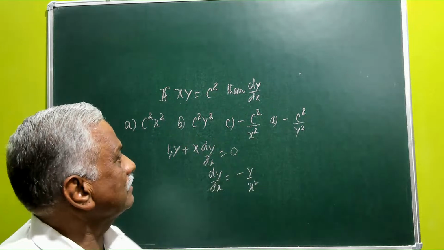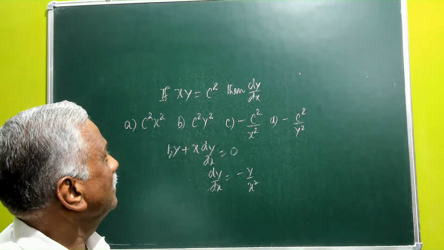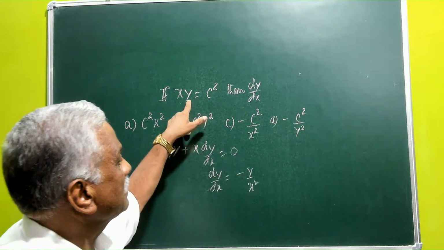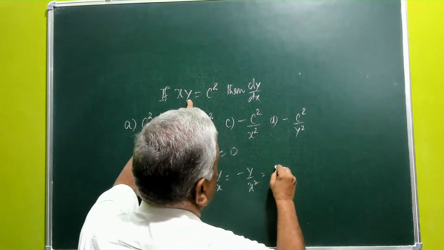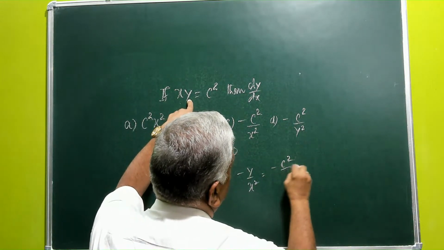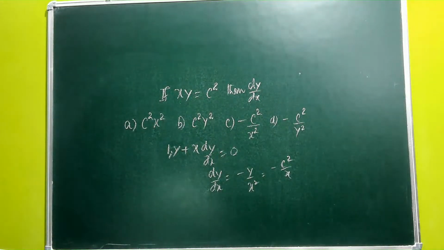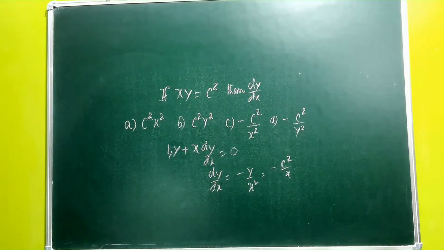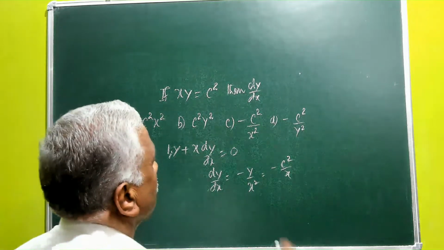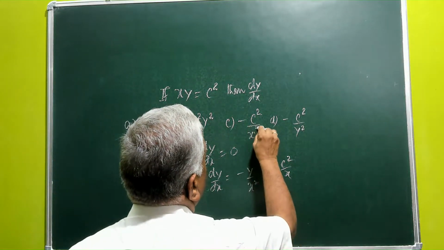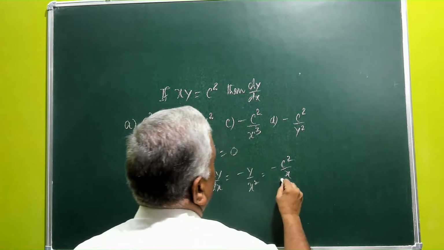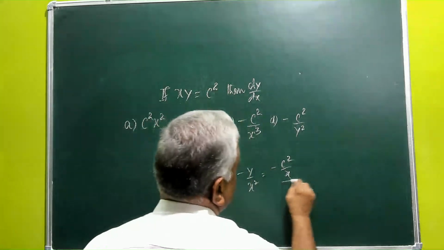They have got c square. That means you have to bring in c. How to bring in c? What is y? Y is equal to c square by x. So the answer should be c square by x cube. So what happens is y is equal to c square by x divided by x.